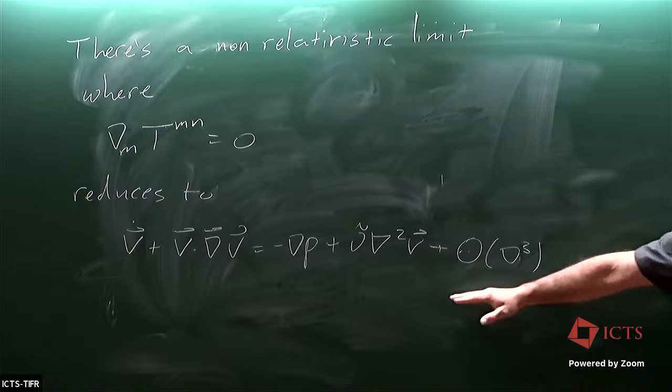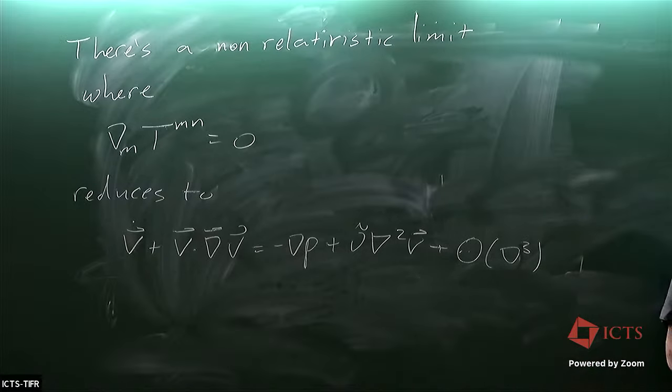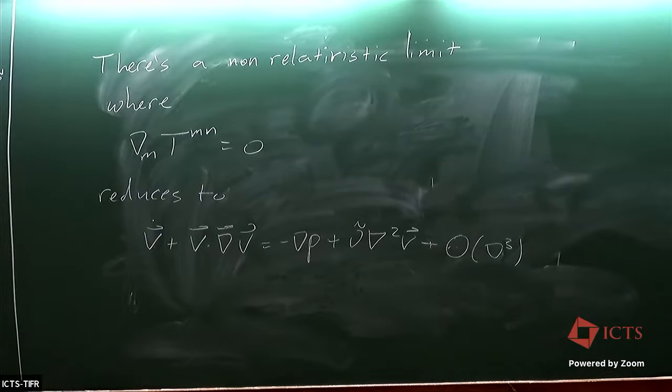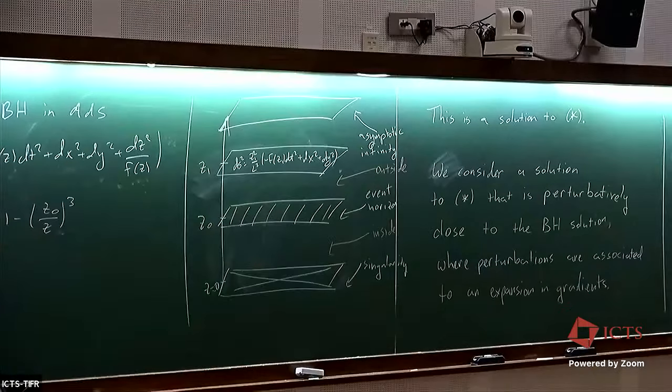One thing people did was to try and find a turbulent solution starting from exactly this setup. They solved the full equations, but their initial conditions were such that they started off with a small perturbation of a black hole, and they could see some turbulent flow.